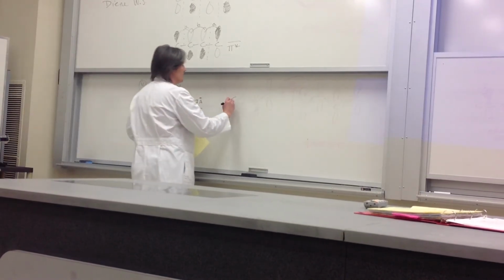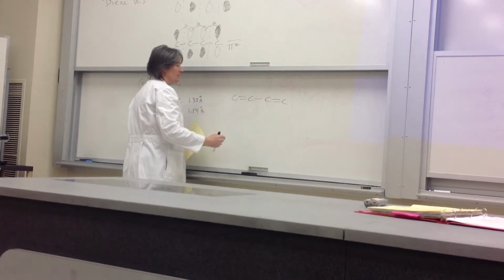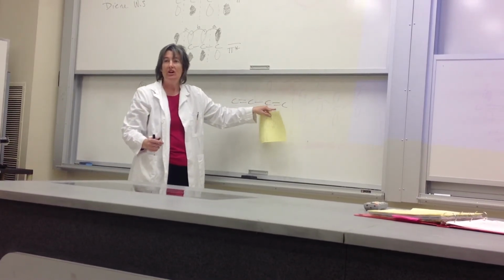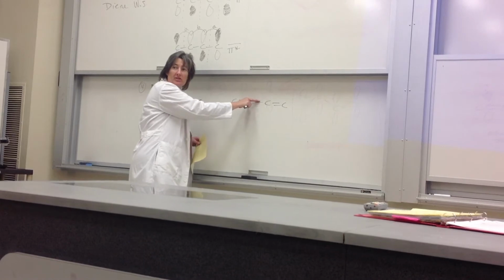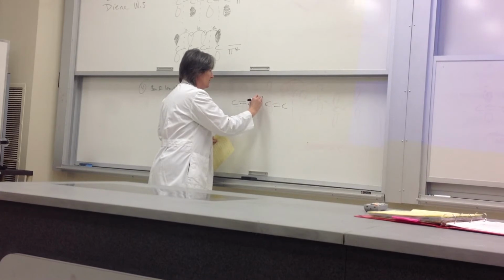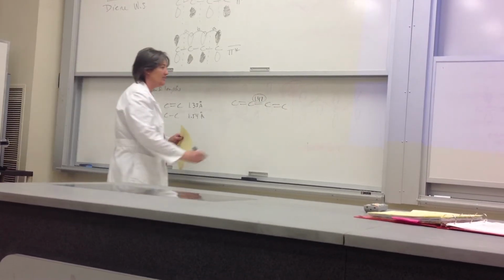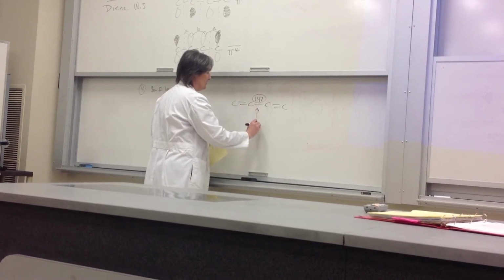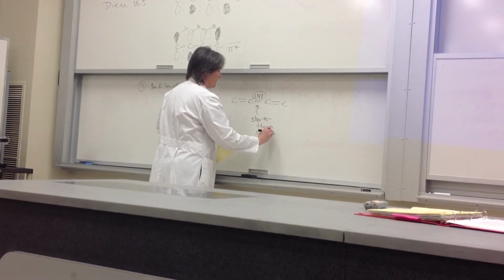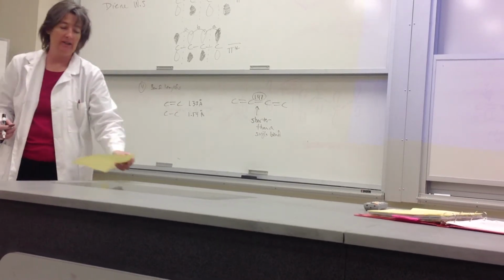If you take 1,3-butadiene, which we draw as double, single, double, it should be 1.33, 1.54, 1.33. But we know there's some double bond character here. And so what you actually have in the middle is 1.47. So it's short. This is shorter than a single bond. And that's telling you that it has some pi bond character, has some double bond character.